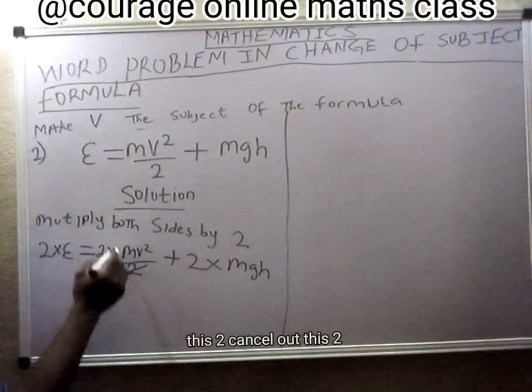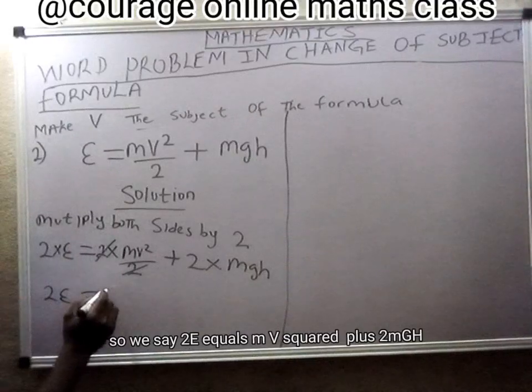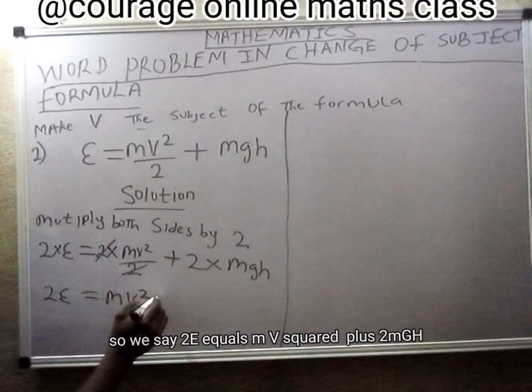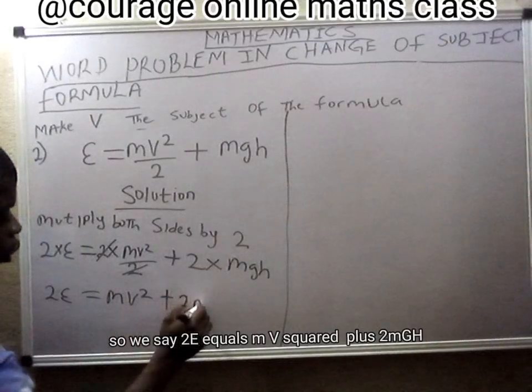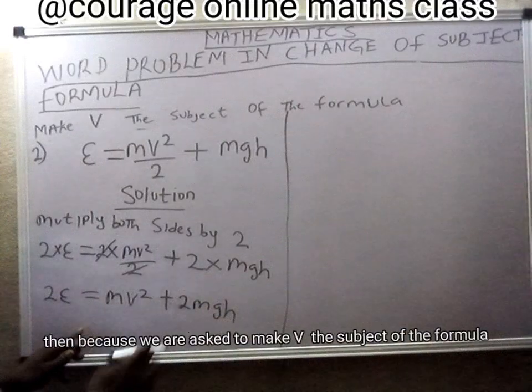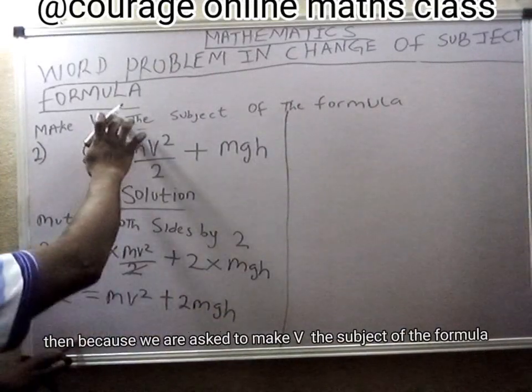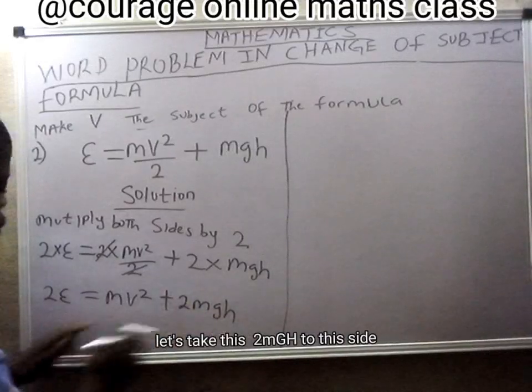These two cancel these two, so we say 2e equals mv square plus 2mgh. Then, because we are asked to make V the subject of the formula, let's take this 2mgh to this side.